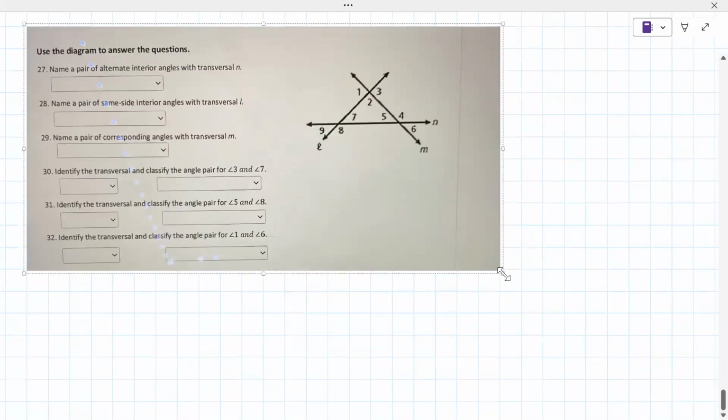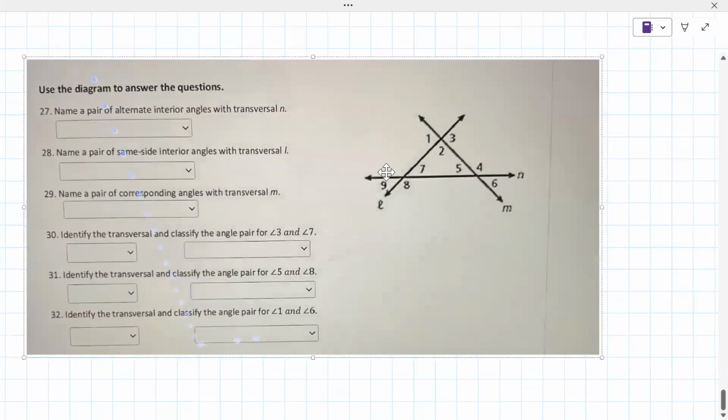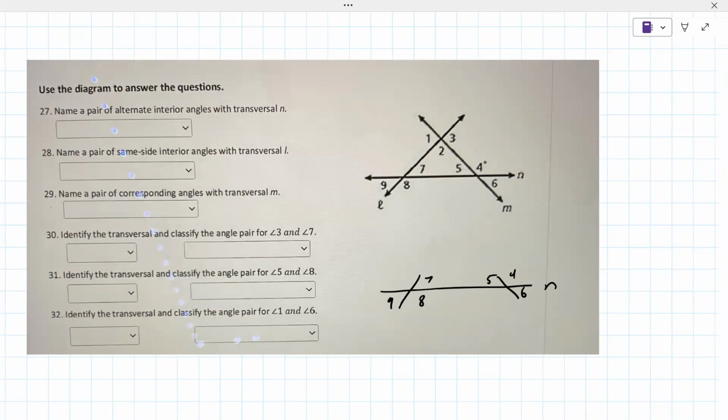Okay, name a pair of alternate interior angles with transversal N. So your focus has to be on N. You don't want to draw the whole line, but you want to be like, all right, there's 4, there's 5, there's 6, 7, there's 8, and there's 9. So which two angles are in the interior, and then they alternate?